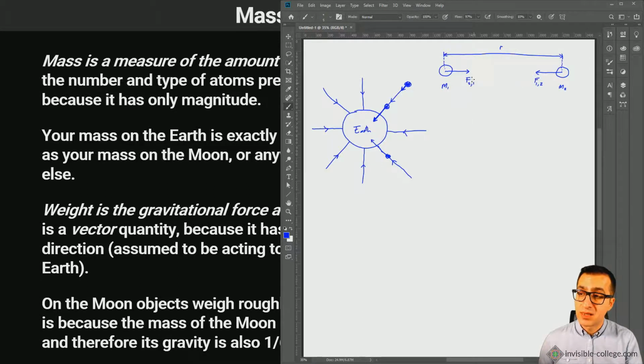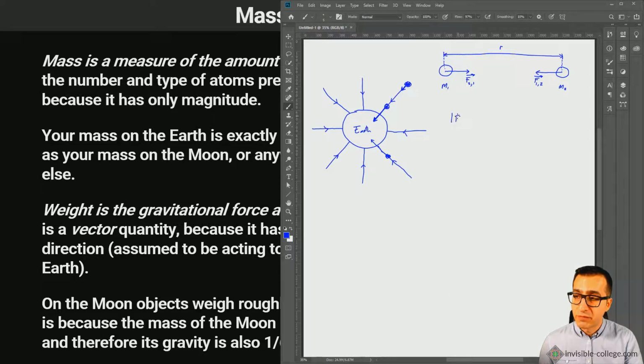So this was the formula that Newton gave. We have this vector here, force of mass 2 on mass 1. We have this vector here, force of mass 1 on mass 2. They are equal in magnitude to each other, but opposite in direction. So we can say that the magnitudes of these two forces are equal. Now, when we give the magnitude of a vector, we put bars around it.